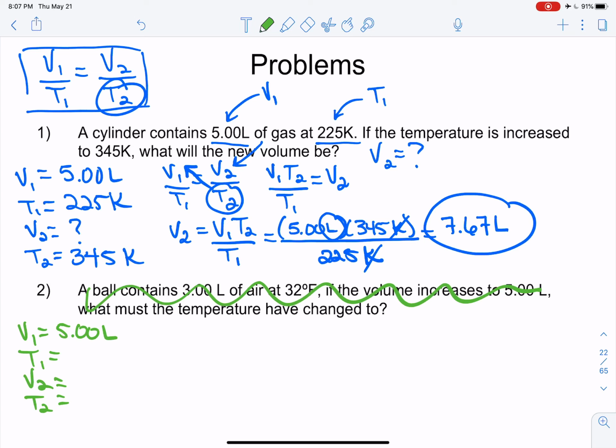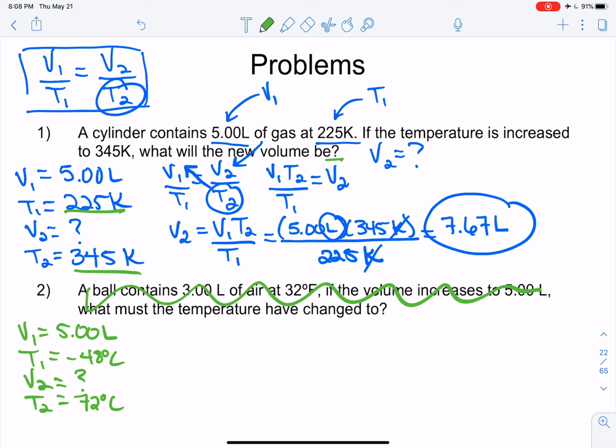So we would have negative 48 degrees Celsius for T1. We're solving for V2, and T2 would be 72 degrees Celsius. So I was just changing these guys right here by subtracting 273, because that's how we get from Kelvin to Celsius.